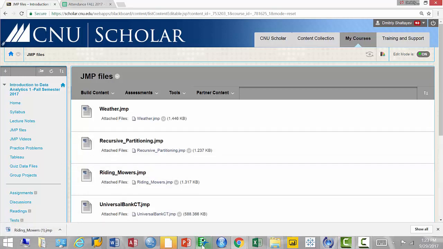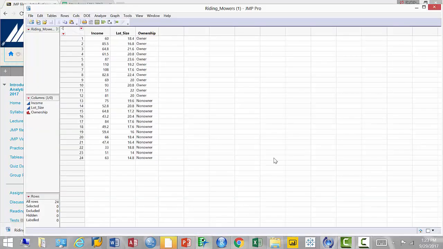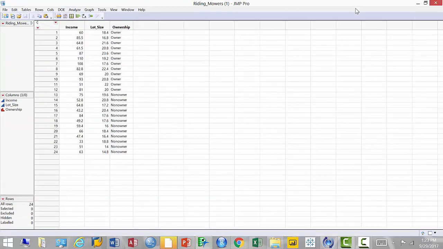So Riding Mowers is about lawn mowers, as you probably guessed. There are people who buy lawn mowers, and there are people who don't buy lawn mowers. That type of analysis makes sense for companies like Home Depot and Lowe's, who sell tools, gardening equipment, etc. So who are our primary target customers? In this file, you can see that they collected 24 people.